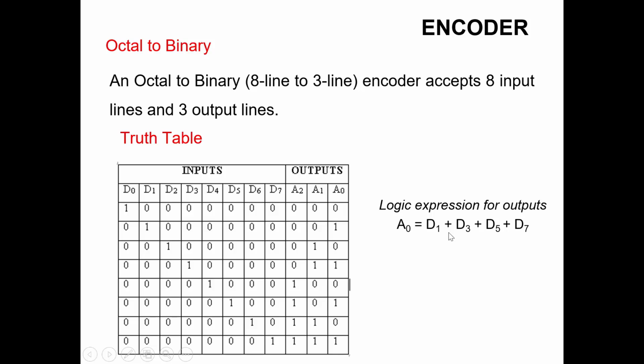On the same lines, A1 is high when D2 is high, D3 is high, D6 is high and D7 is high. Similarly, for A2, we have high output for D4, D5, D6 and D7.